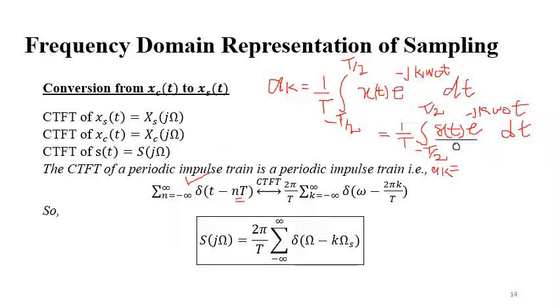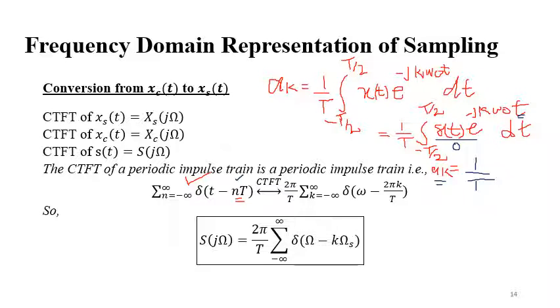When t equals 0, the exponential becomes 1, so 1 into 1 results in 1. That means we get the Fourier series coefficient for a periodic impulse train with period T as 1 by T.